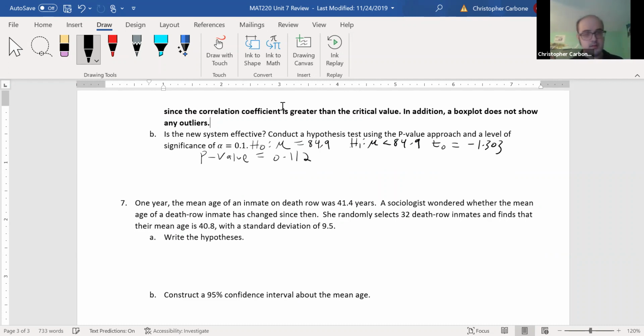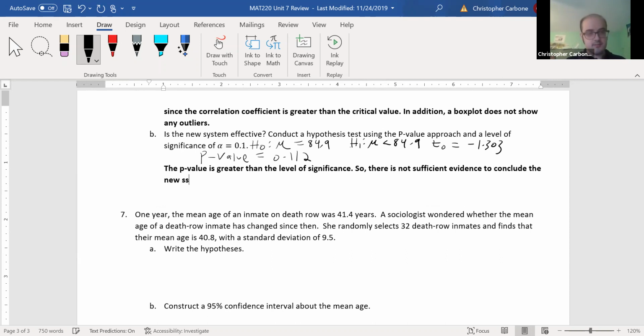That's 11% with a level of significance of 10%. So yes, pretty high. The p-value is greater than the level of significance. So there is not sufficient evidence to conclude the new system is effective in our case.